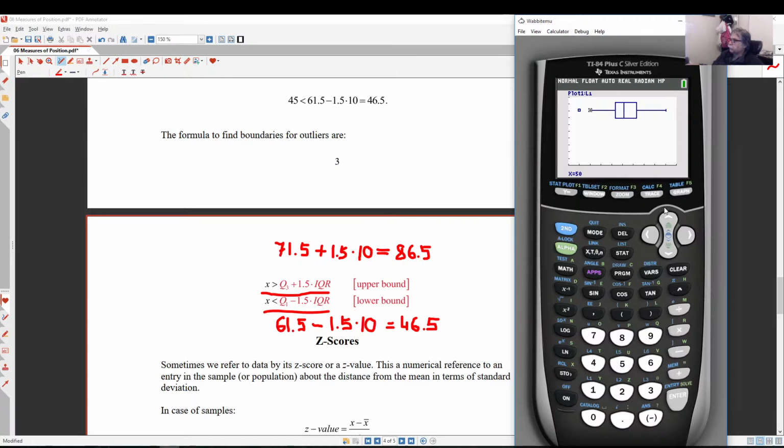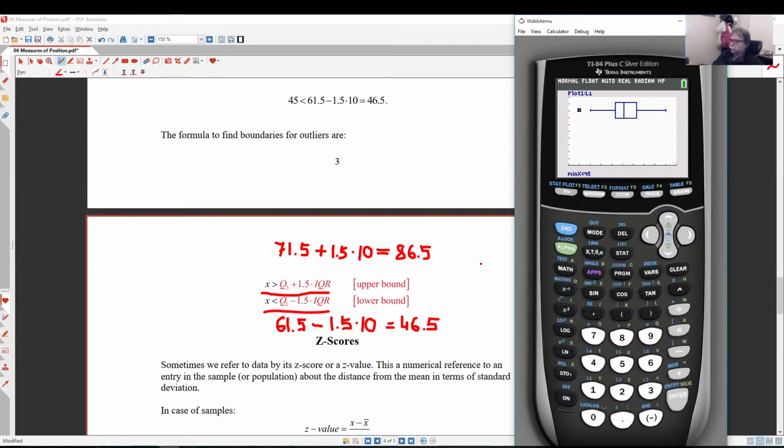And then quartile 1, median, quartile 3 did not change, nor did the maximum. So the five-point summary has not changed. Minimum, quartile 1, quartile 2 or the median, quartile 3, and maximum are still the same. It's just that the plot is slightly different because now we are marking an outlier separately outside the tail in a box plot.